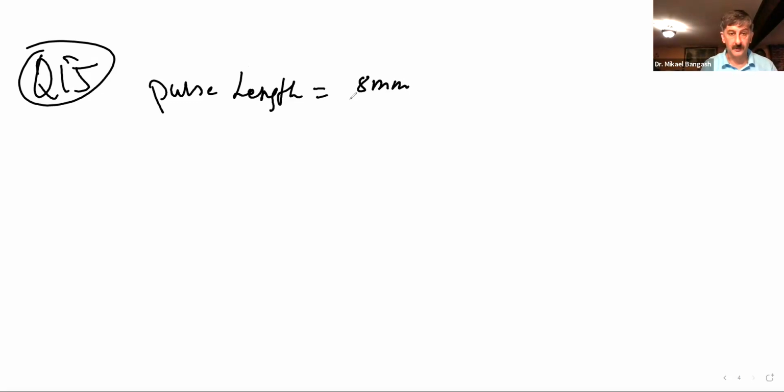So what they mean is, with this pulse here, where it has a length of 8 millimeters, as we measure our pulse and say it is 8 millimeters long, they may be asking us what's going to be the minimum distance between two structures, front to back.